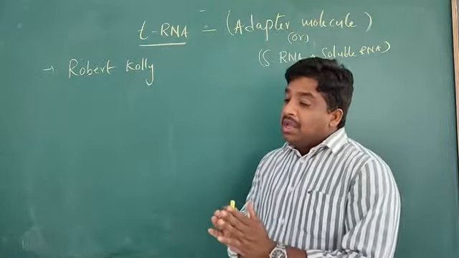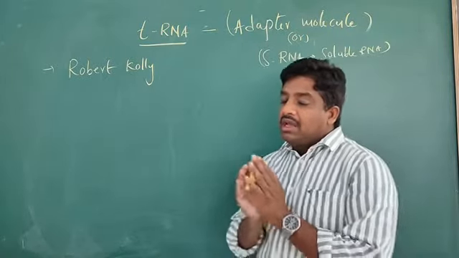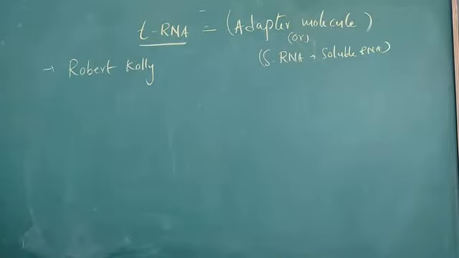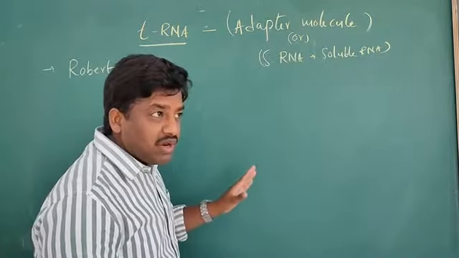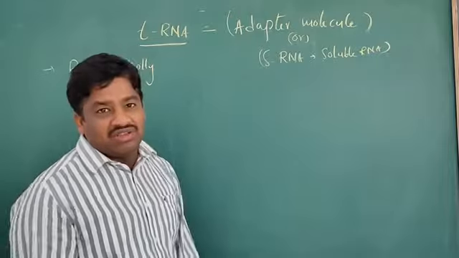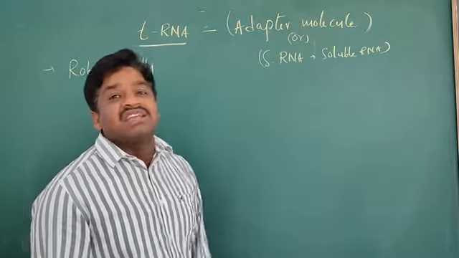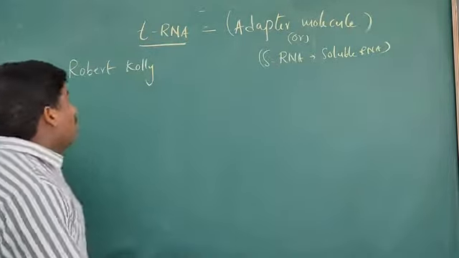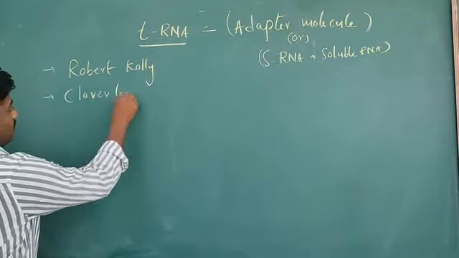Next, in this tRNA structure, many nitrogen bases are modified to form a coil-like structure. This coil-like structure is what we call the secondary structure. The secondary structure is present as the clover leaf model.